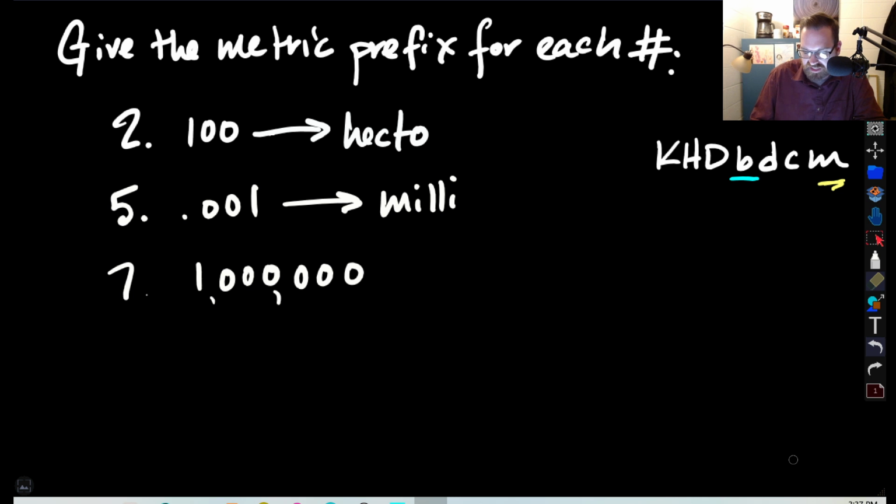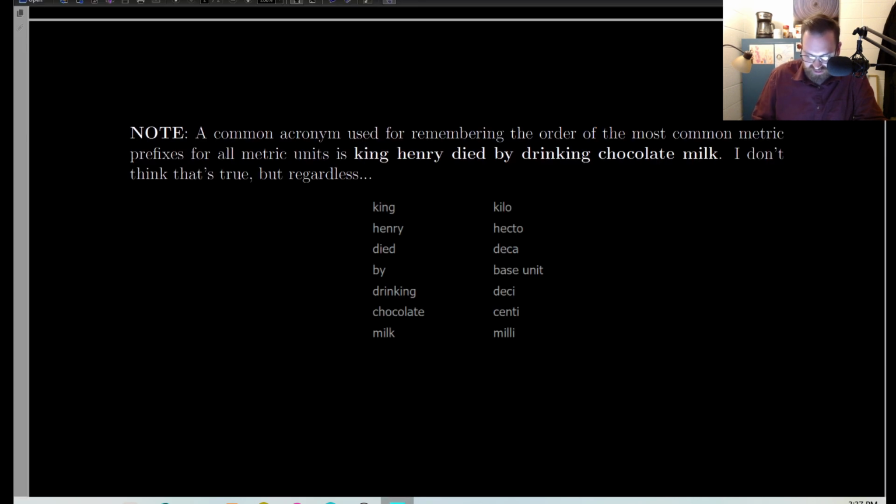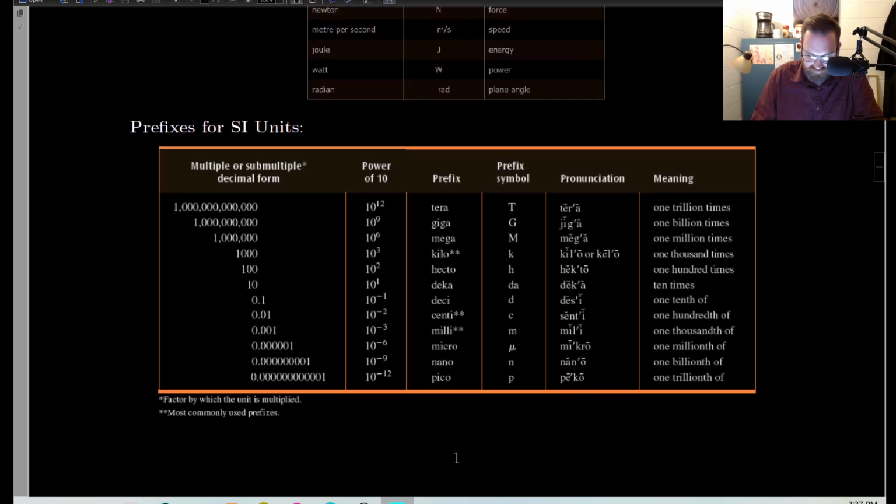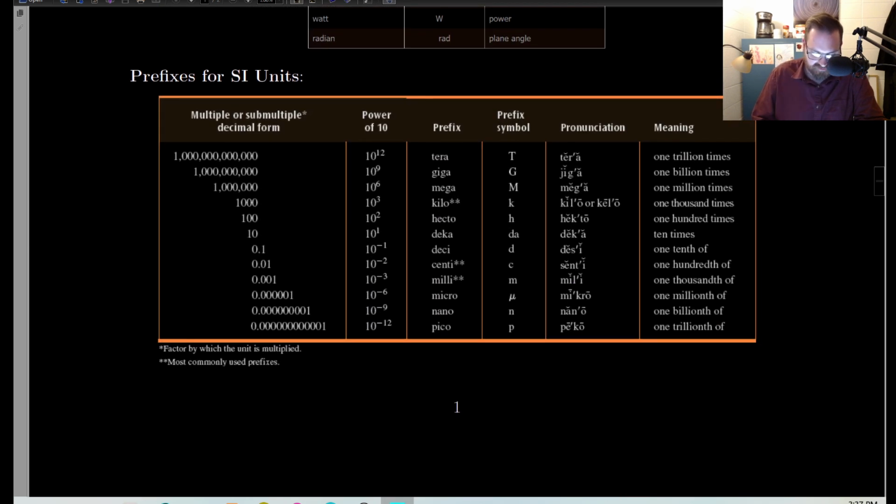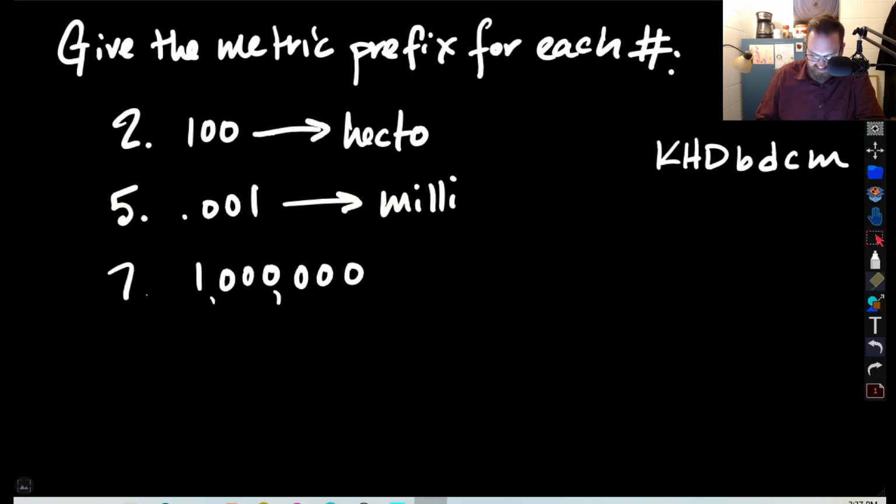So what I need to do in this case is to bring back this chart here and just compare on the left-hand side the decimal form. So you can see right here 1 million corresponds to 10 to the 6th, which is mega. Okay. So, need my pen. There we go. This would correspond to mega.